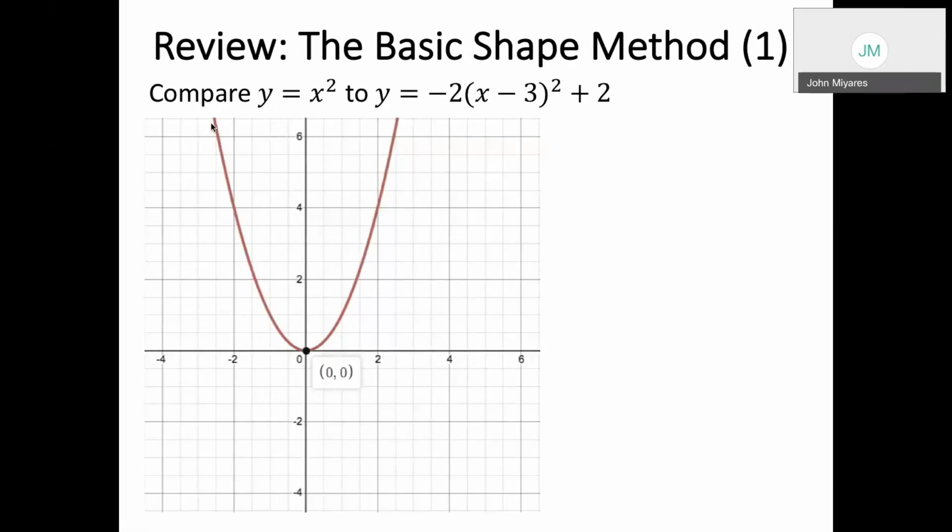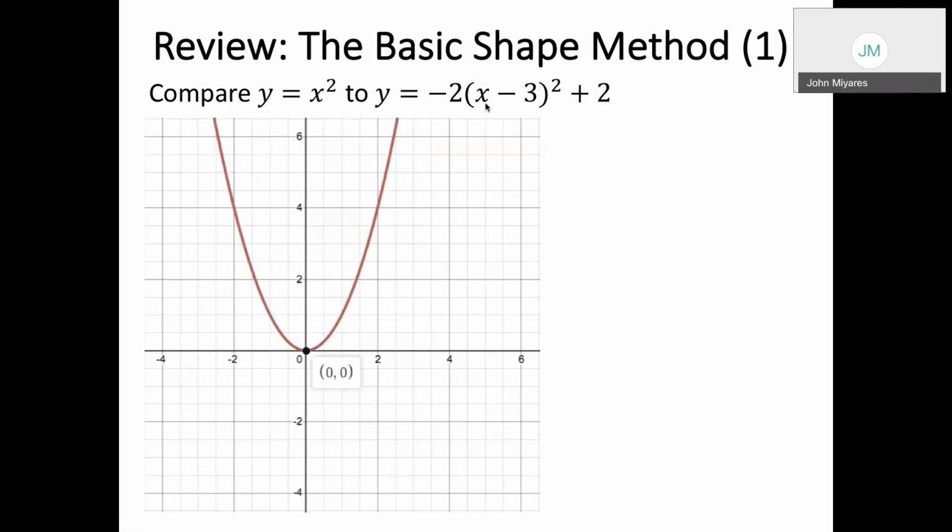When we want to sketch the second function here, y equals negative 2 times the quantity x minus 3 squared plus 2, we see that it should also have a parabolic shape to it because other than the constants, it basically will degenerate into a quadratic function with y equals something squared.